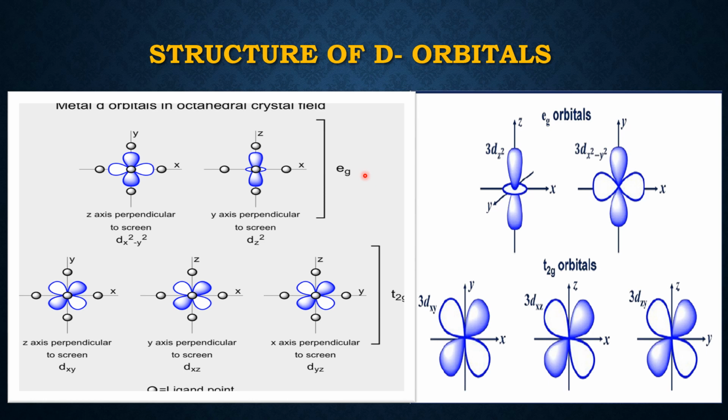This is helpful to identify the symmetry of the orbitals, whether the level is T2g or Eg. The two sets of orbitals help to identify which one undergoes more splitting.